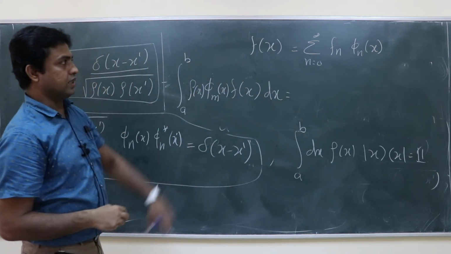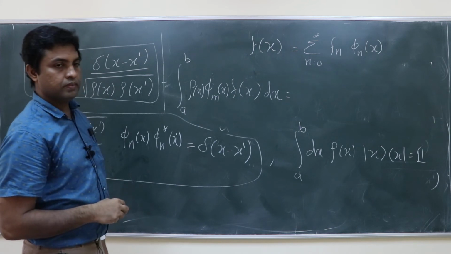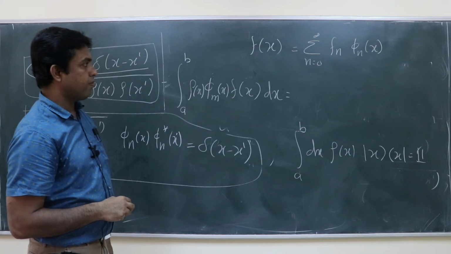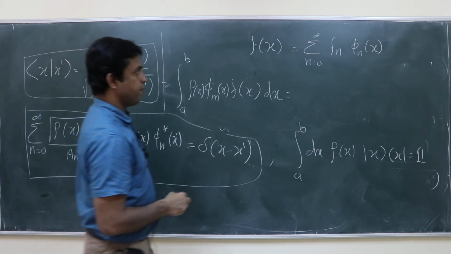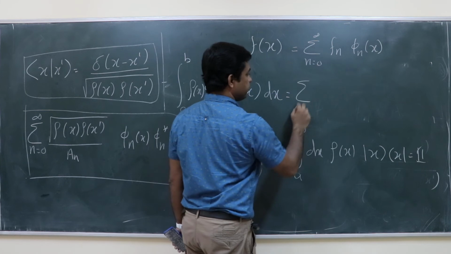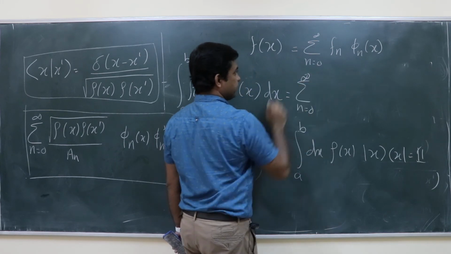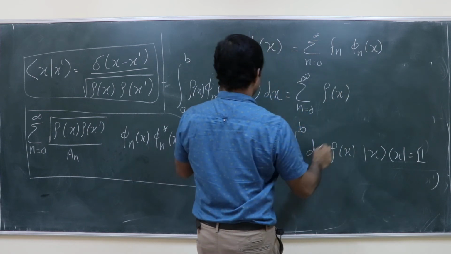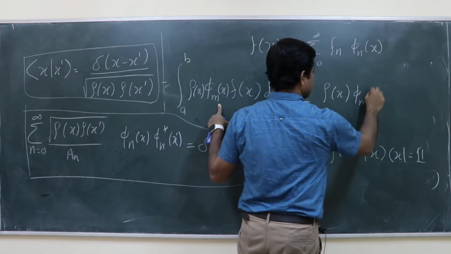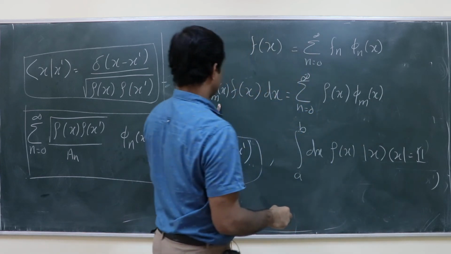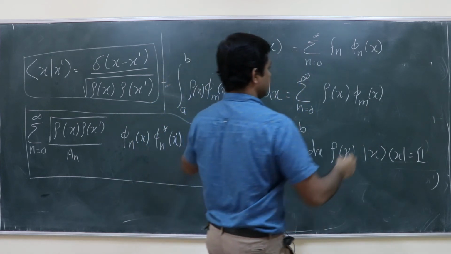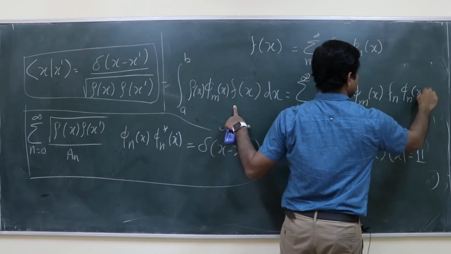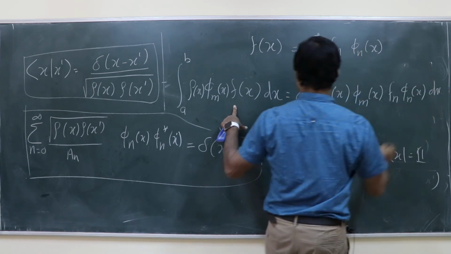What do I get on the right hand side? I just multiplied with rho of x and phi m of x, then you have f n phi n of x, integrated.